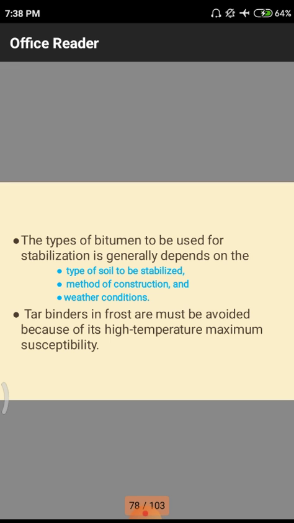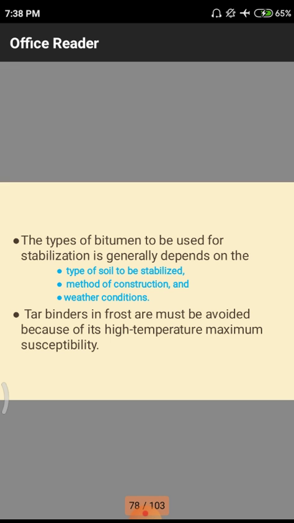Normally, if the temperature is high, 40 to 50 degrees, the bitumen melts. Due to this melting, shear forces and other bond-breaking forces develop in the bitumen. So for higher temperatures, bitumen stabilization is not suitable.